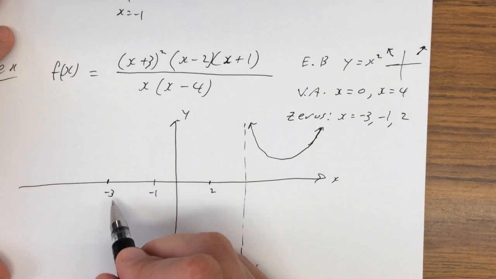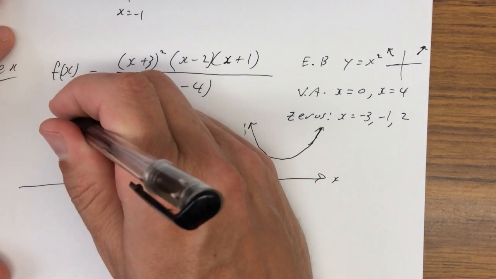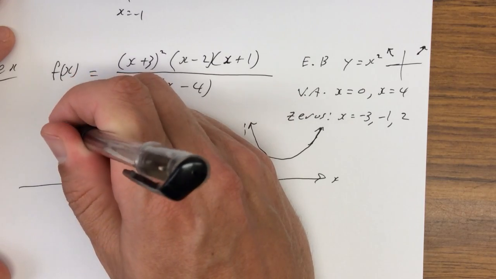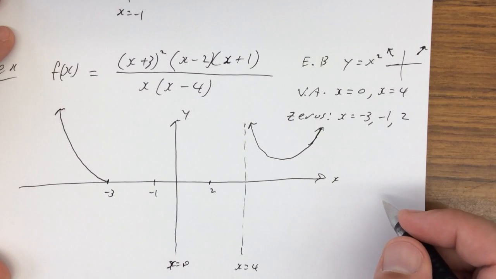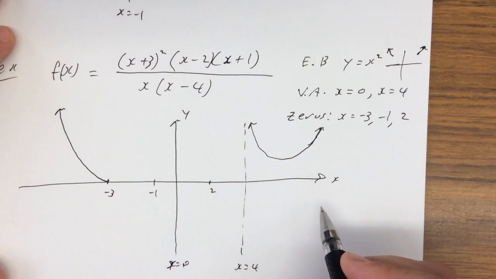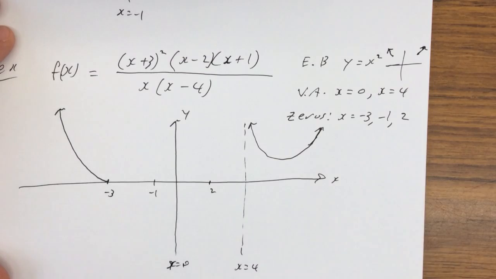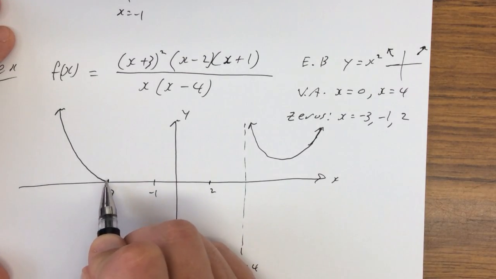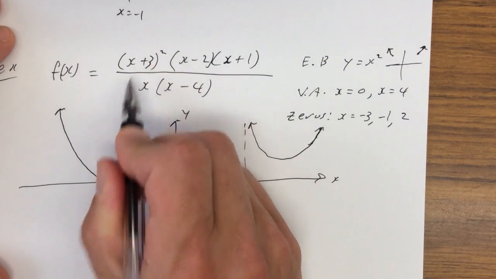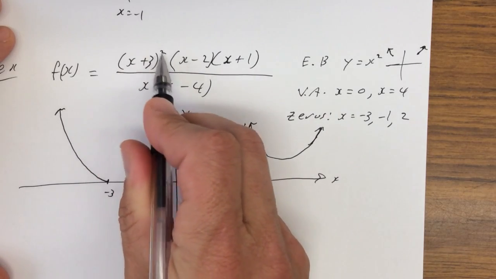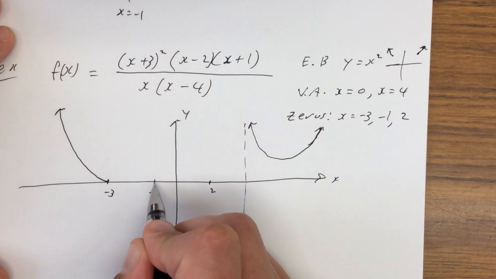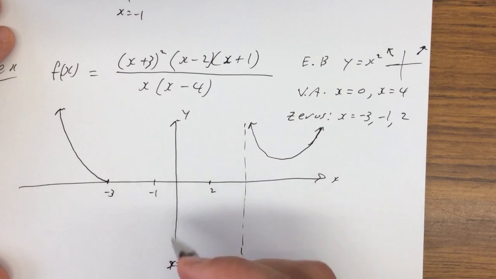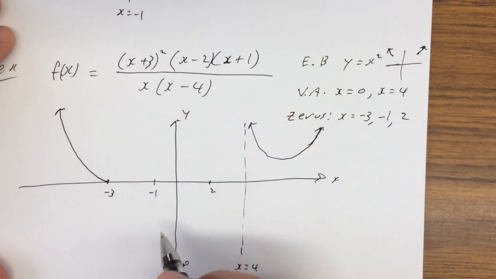Out here, at the 3, well, it's going to go like this, like a quadratic. And what happens on this side? Well, we need to check. So my guess is that it's just going to touch the -3, because that factor is squared. So my guess is it's going to come back up and then come back down to this one. Okay, we'll see. Remember, this is a vertical asymptote.